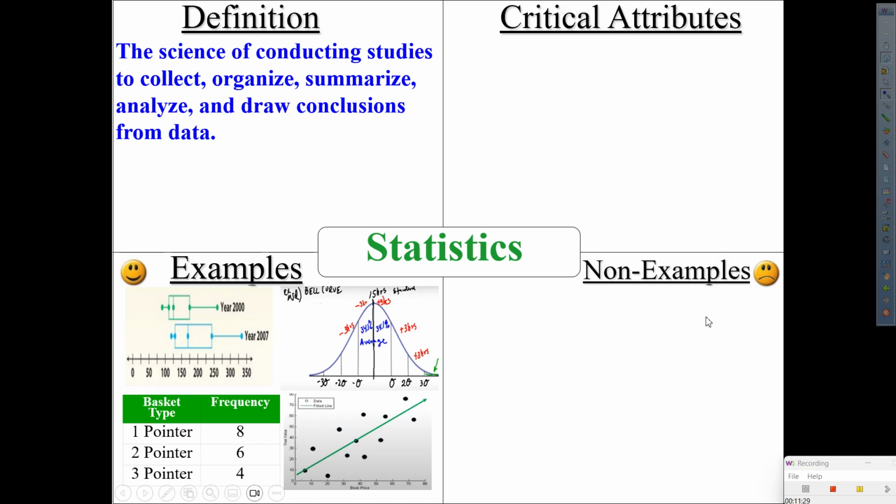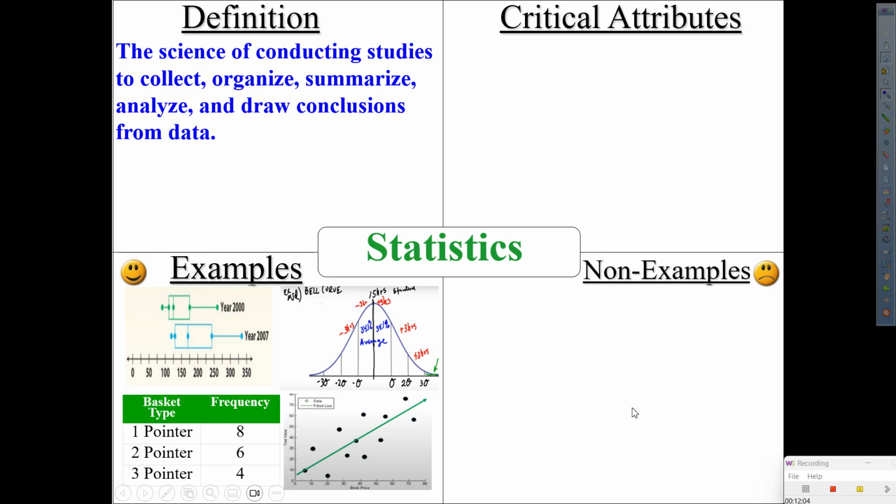Now, for some of y'all, you're going to get triggered right here with the non-example. You're going to start twitching. Tell your neighbor why this is a non-example. Nick, pass someone. Why is that a non-example?